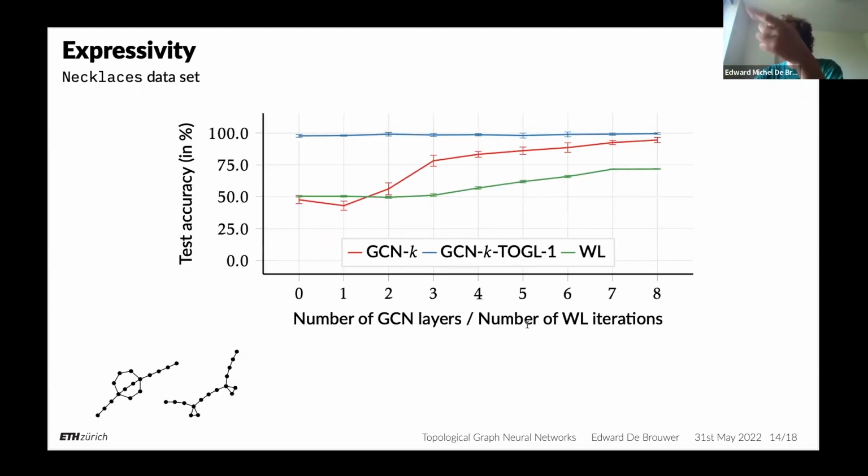So for instance, here 2 would be 2 GCN layers and 1 TOGL layer. And I think, if I remember correctly, we would do k-1 GCN layers, one TOGL layer, and then one GCN layer. Okay. Yeah. So that would be the penultimate layer.